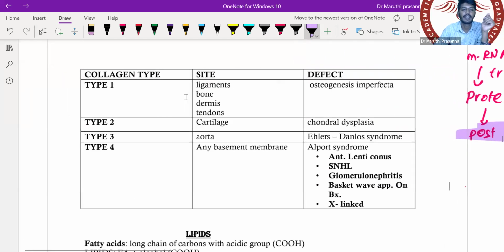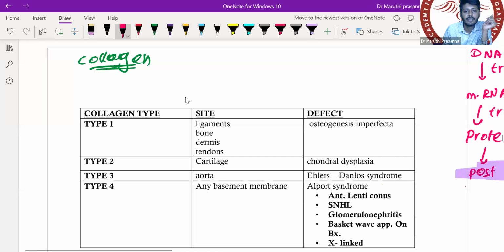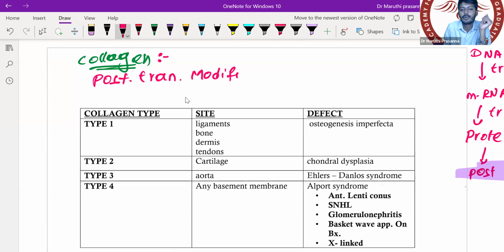Collagen undergoes post-translational modification. What is the modification in collagen? I taught you people. In collagen, we will have the amino acid proline.